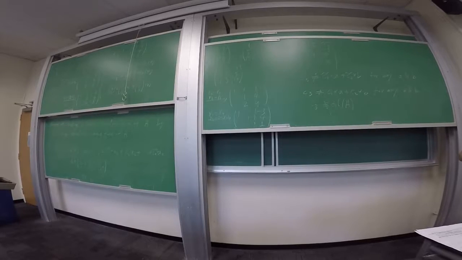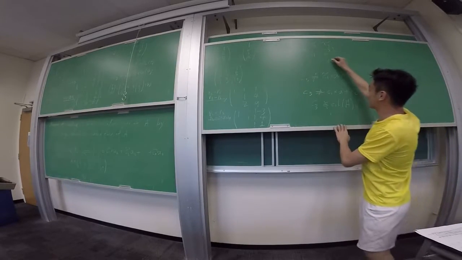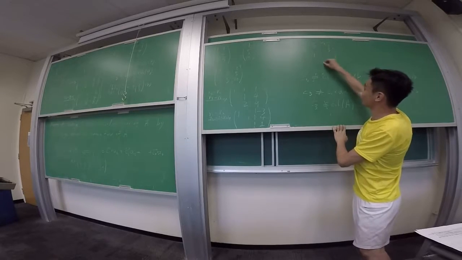Okay, so this is a method to see when a column vector is in the column space. As you can see, it is not equal because there is an extra leading one, right?